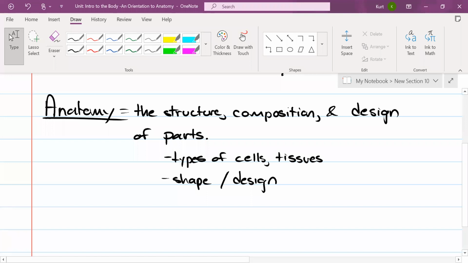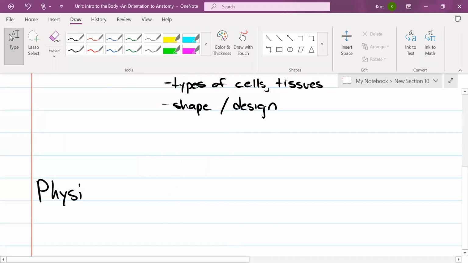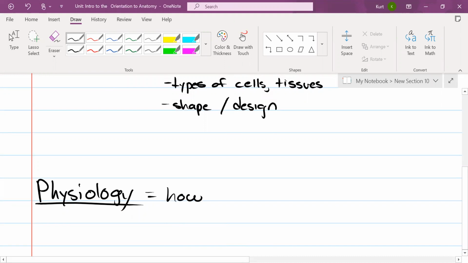Okay. Now, physiology. This is basically how features and structures work.